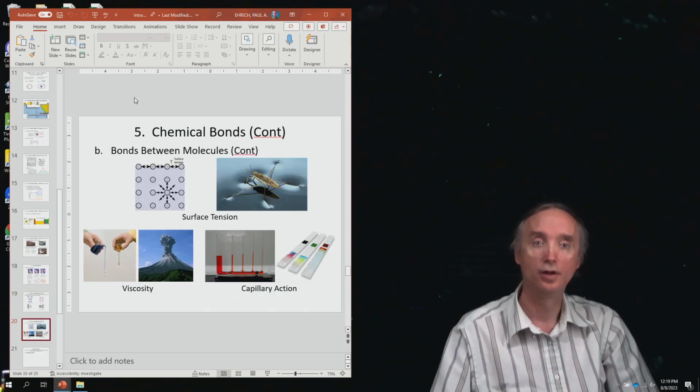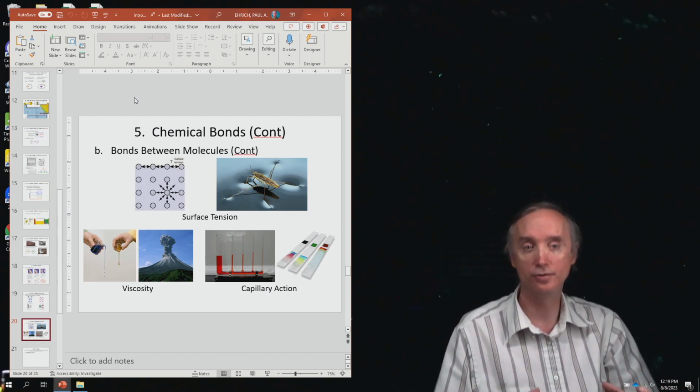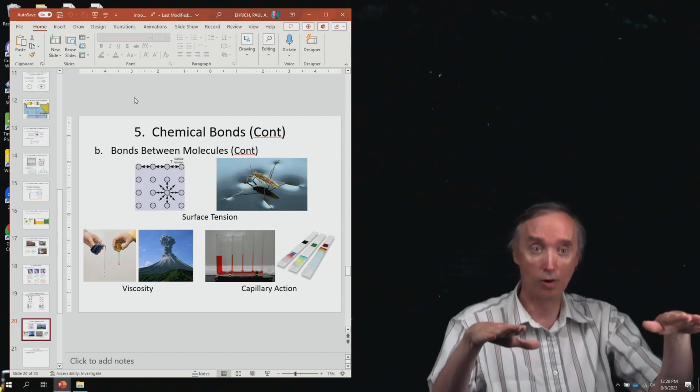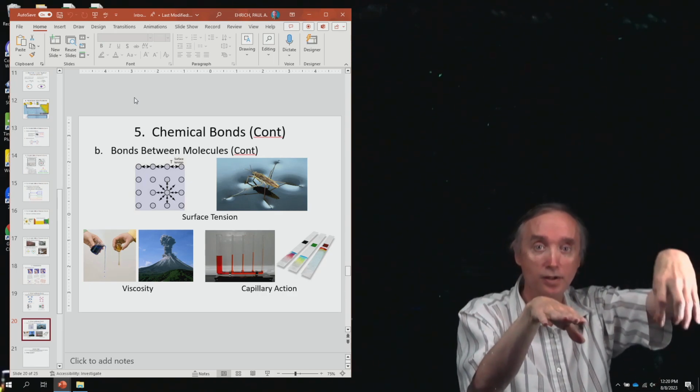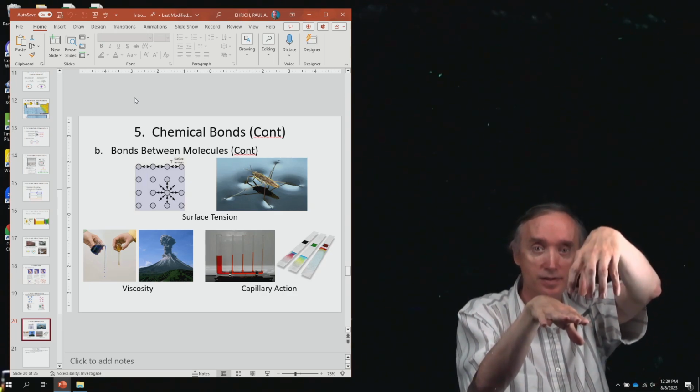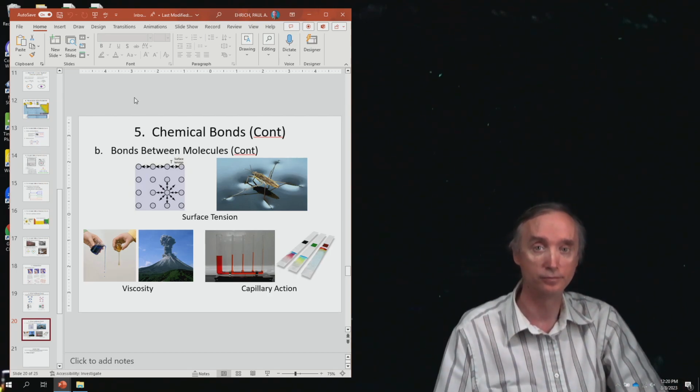Okay, and then who cares? So now that we know that molecules can bond to molecules, what are some examples of this? So the first one was surface tension, where the water molecules are bonded so tightly to each other that it makes a film that some kind of little insect can crawl on top of.